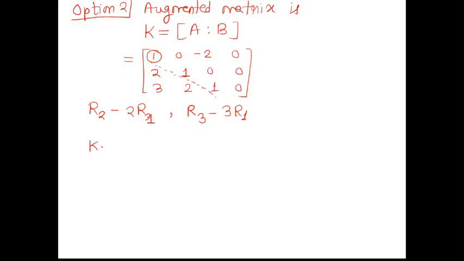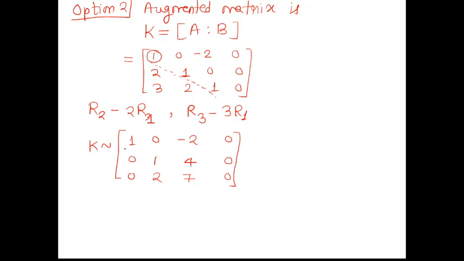Like this, operating appropriately and correctly doing the calculation, we will get 0, 1, 4, 0, then 0, 2, 7, 0.